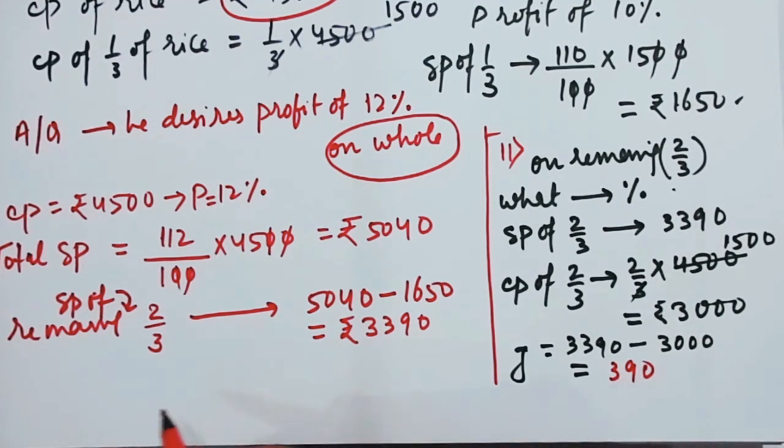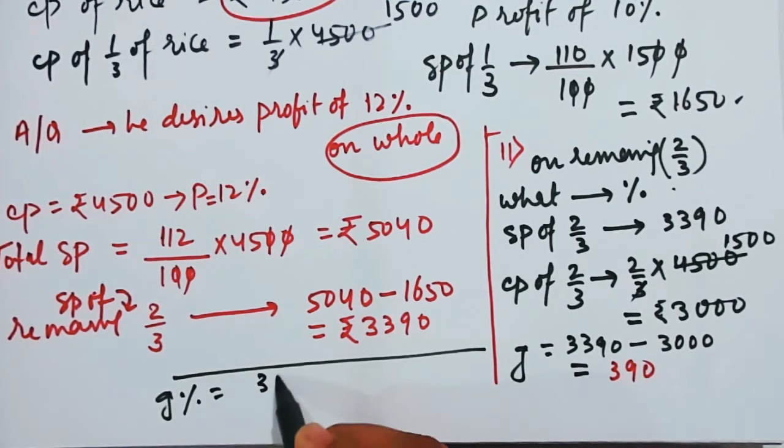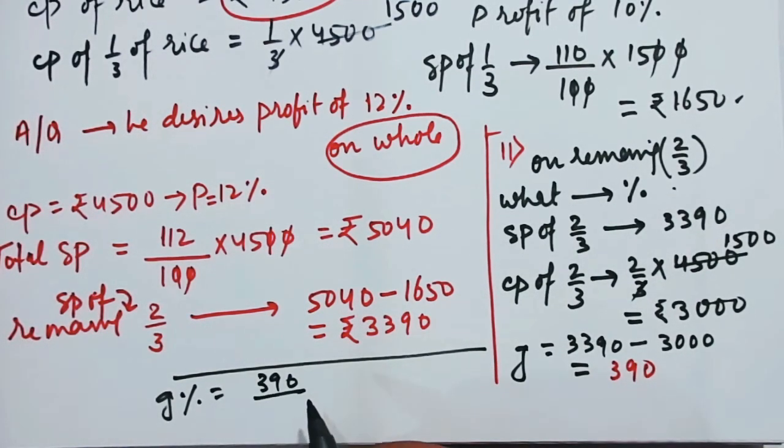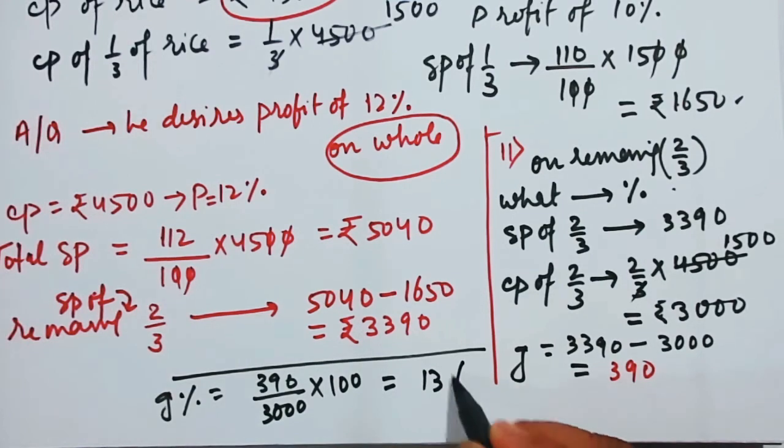So gain percent, can't you find it out? Of course you can. Gain percent will be equal to gain by cost price, 390 by 3000 into 100, which will give you 13%.